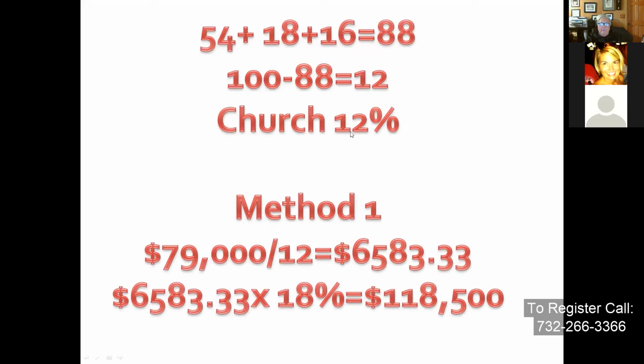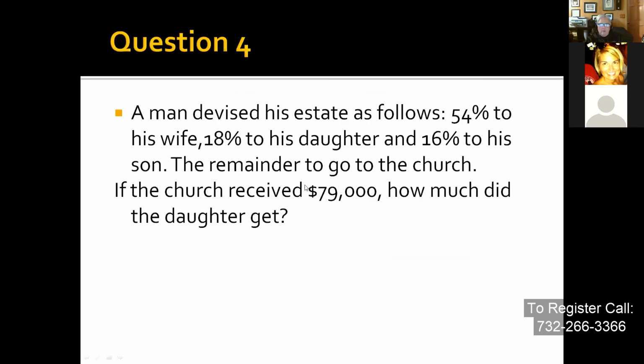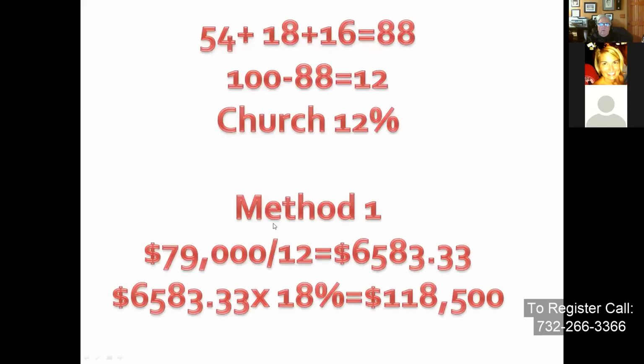The church got 12%. And if we take now the 79,000, because the question is telling us the church got 79,000, we're going to take that 79,000 and we're going to divide it by 12%.